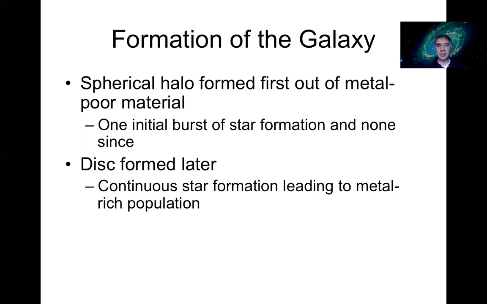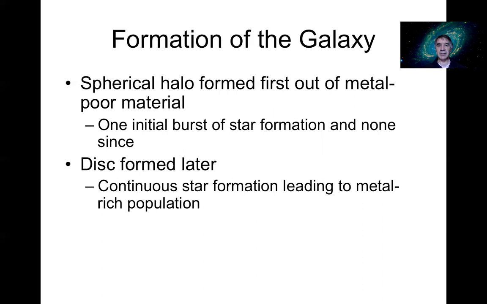So the idea is that the disk of the galaxy came along later, with material getting pulled in, but this time with significant angular momentum, so that it sets up a disk rotation pattern. Then in that disk rotation pattern, the spiral arm pattern gets going, and it turns into a continuous star-forming machine, really.